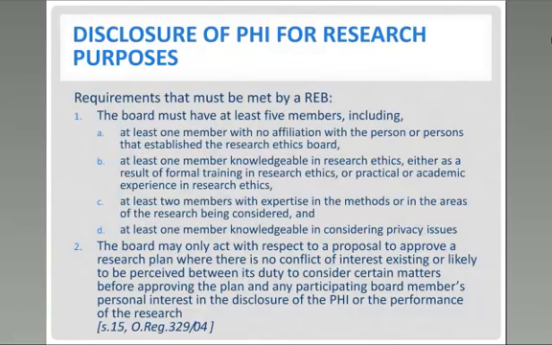So not only does PHIPA, as I just discussed, speak to the qualifications that a board must have, it also tells you how the board must go about its business with respect to matters that it must consider. Now, these are mandatory. That means it has to do these things.